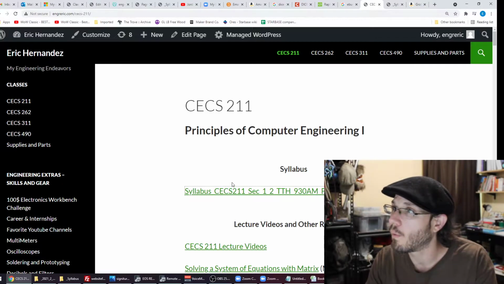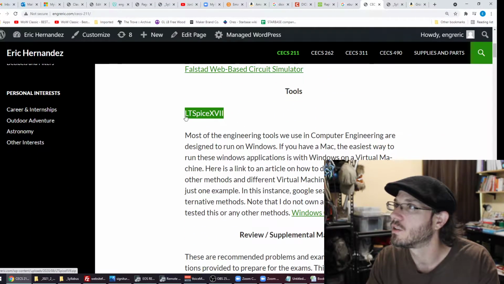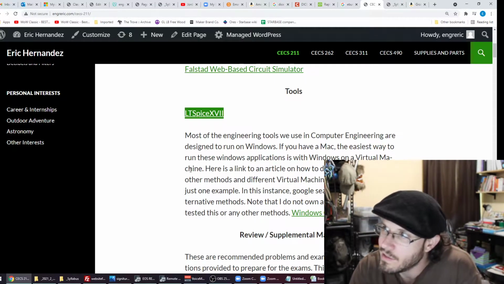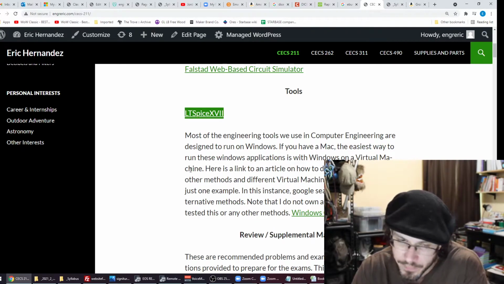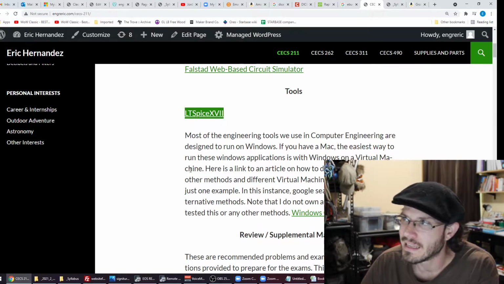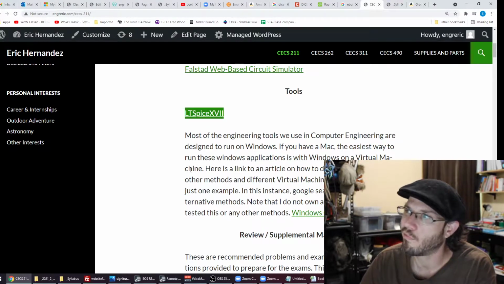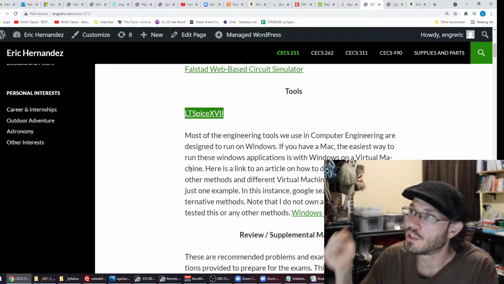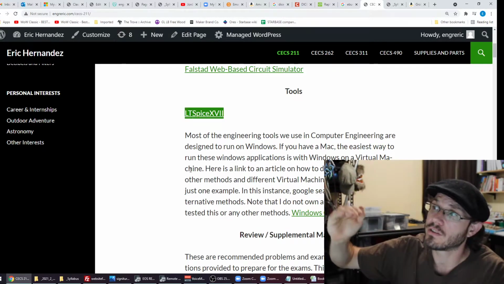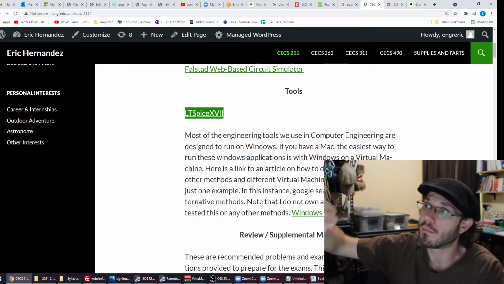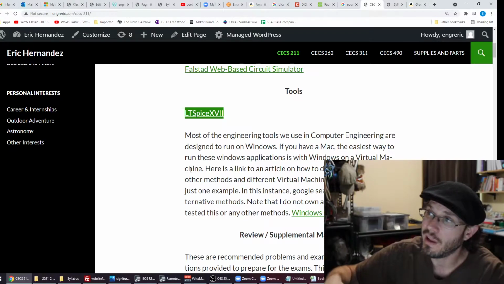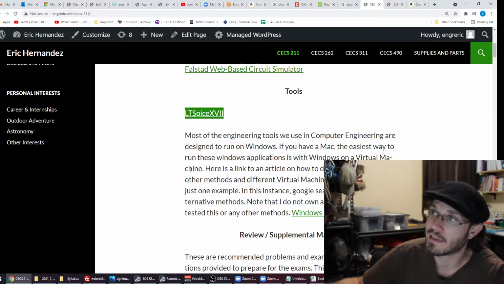If I go back over to my web page, right here, Tools, LT-Spice. Now, when you download this, you'll be downloading a zip file. You need to decompress that zip file, okay? A zip file just compresses multiple files into one. If you just simply double click, Windows will give you a browser listing of the files inside. It will not actively decompress those files, okay? So you can't just double click on the zip file when you download it and then run the executable and expect it to work.